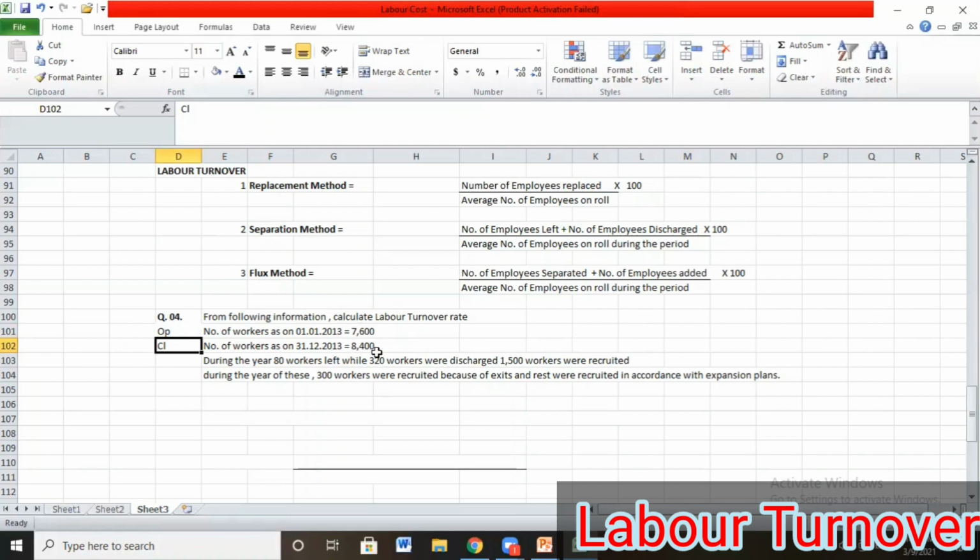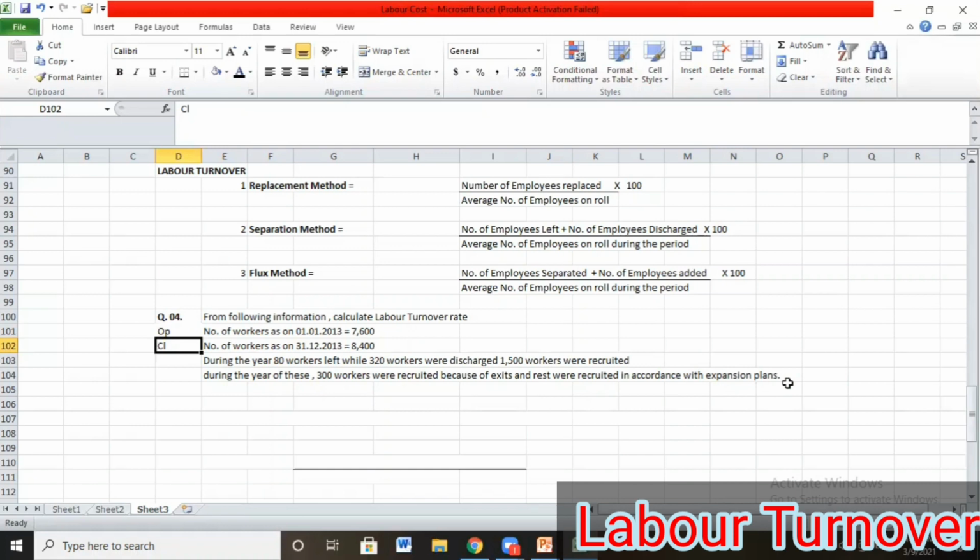During the year, 80 workers left, while 320 workers were discharged, and 1,500 workers were recruited during the year. Of these, 300 workers were recruited because of exits, and the rest were recruited in accordance with the expansion plan.